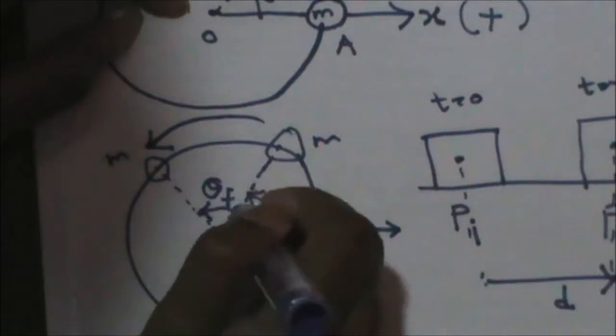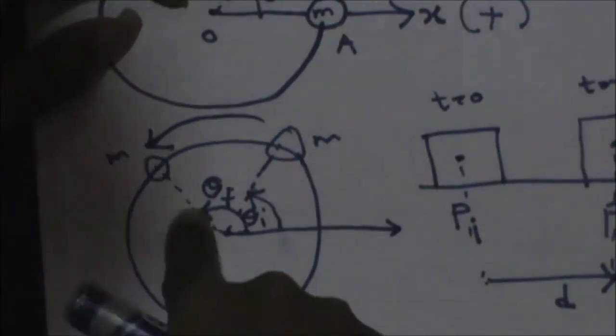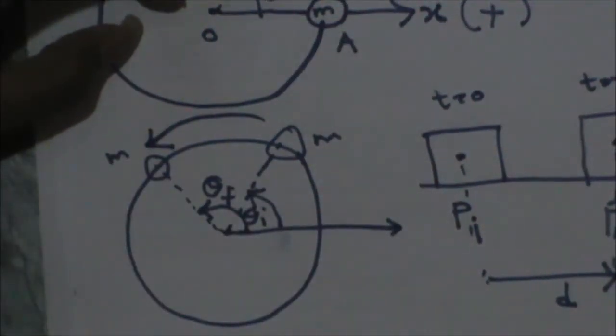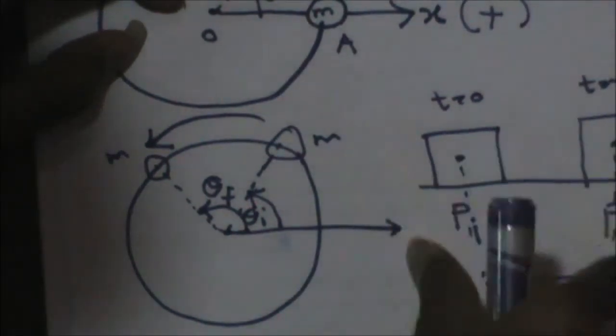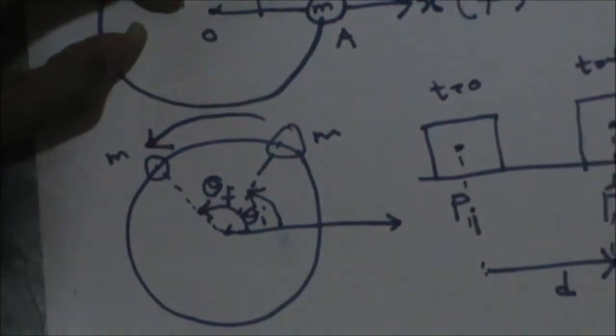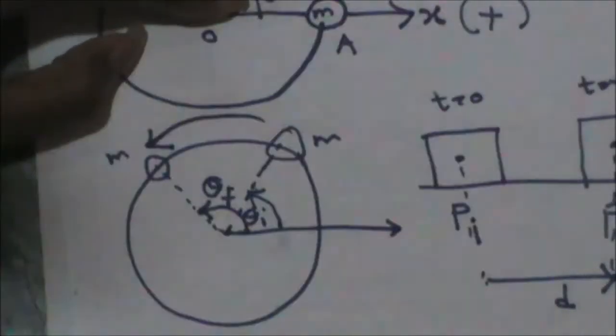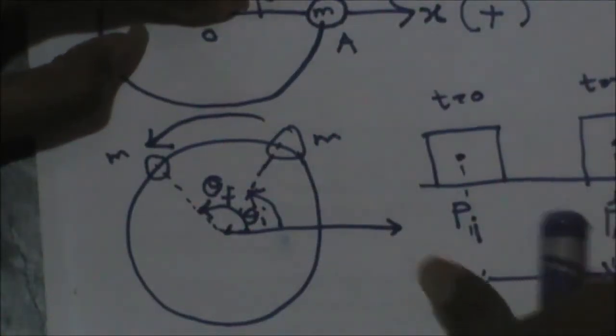So this is the angle theta I and this is the angle theta F. Unlike in translational motion, we define the position of the particle by its angle, not by the length it travels in a straight line.